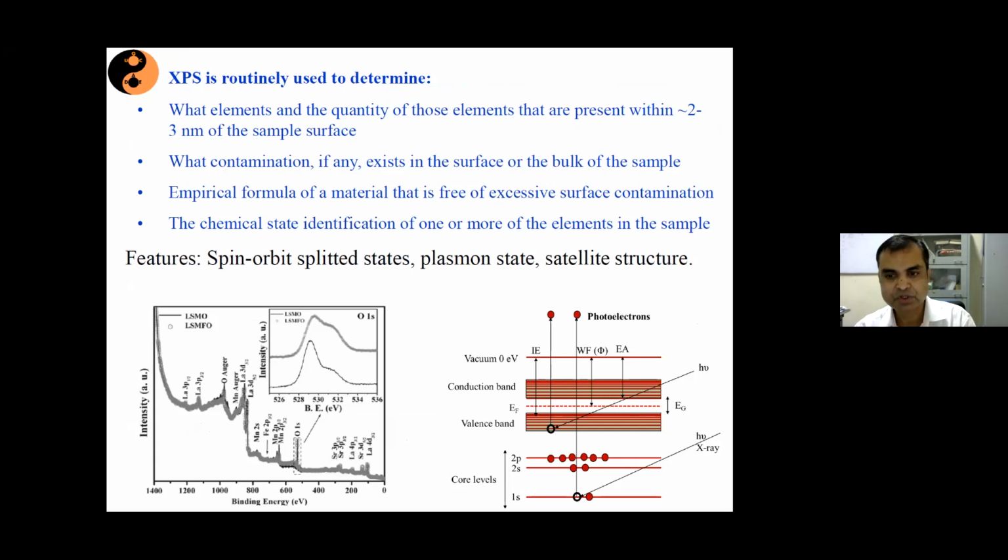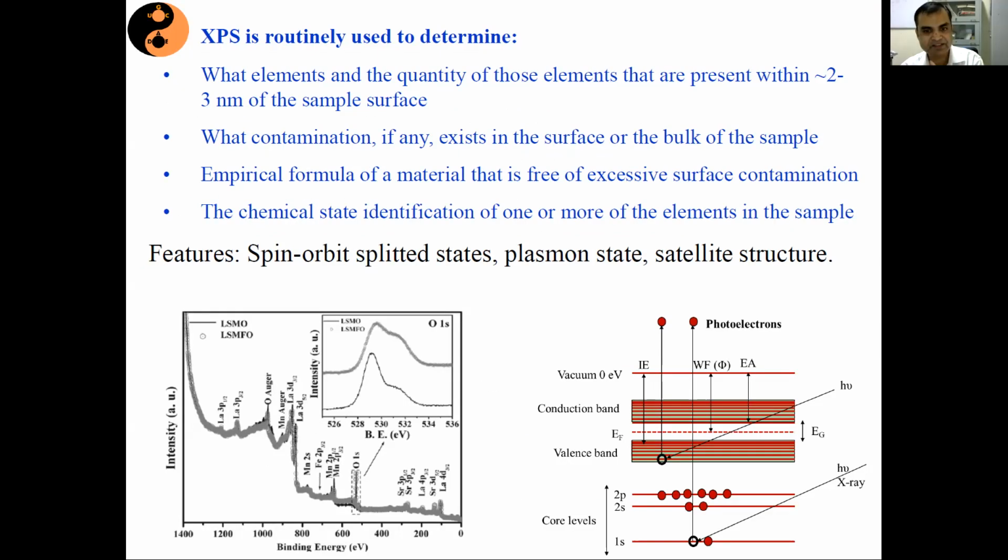So since that is constant, the only varying thing is either the binding energy or the kinetic energy, vice versa. So our purpose in probing with X-ray photoelectron spectroscopy is to know the binding energy of the emitted photoelectron. To do that, we have to measure its original kinetic energy.